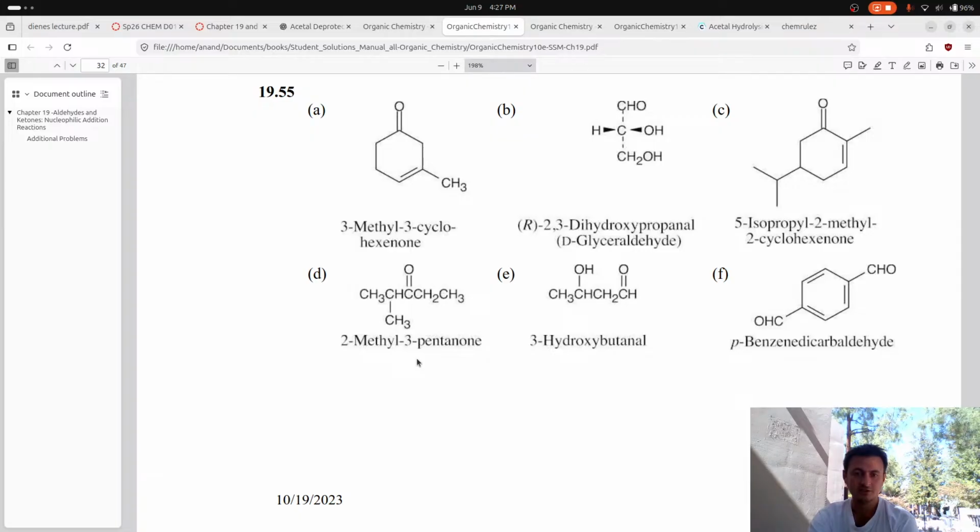Alright, D, 2-methyl 3-pentanone, that's easy. 3-hydroxybutanol, and then F, parabenzene di. Oh, so it doesn't actually matter if it's a cyclohexane or a benzene. All that matters is friendship.